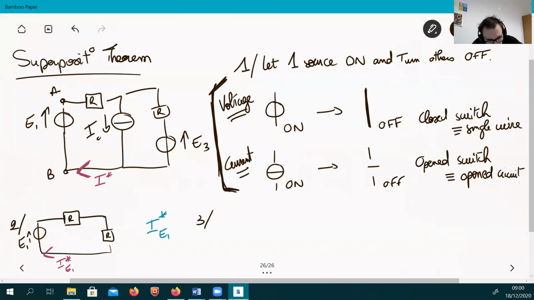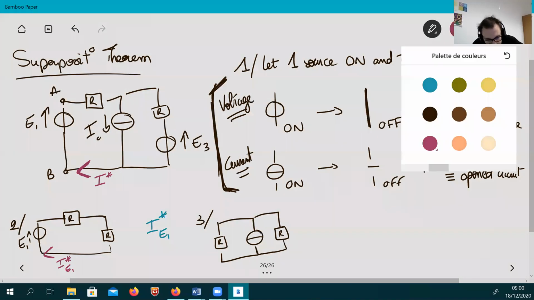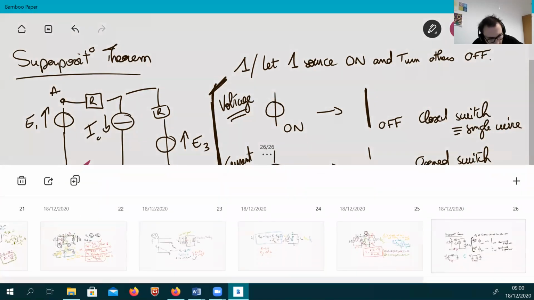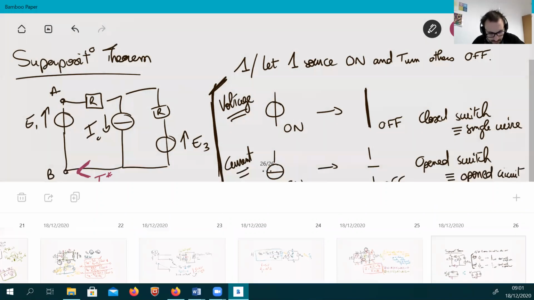Let's say that now I'm just turning on the current generator, leave this on, and I end up with this. Still interested in this current that I'm going to call I star, and this time it's E0.